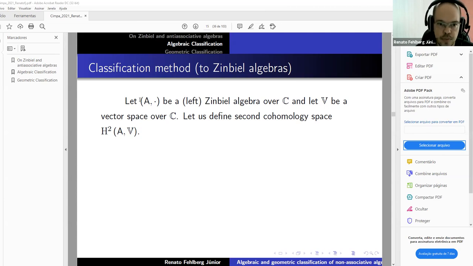Okay, we consider A a Zinbiel algebra over C, and via vector space also over C.